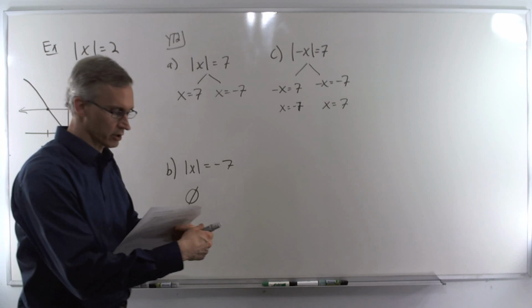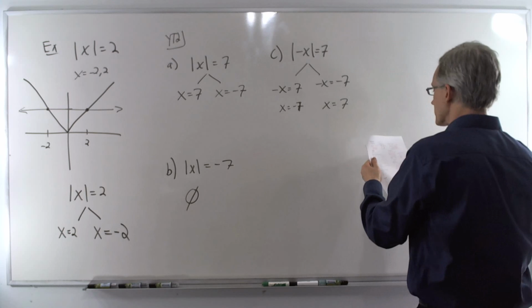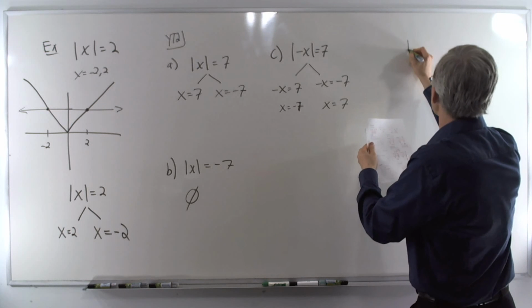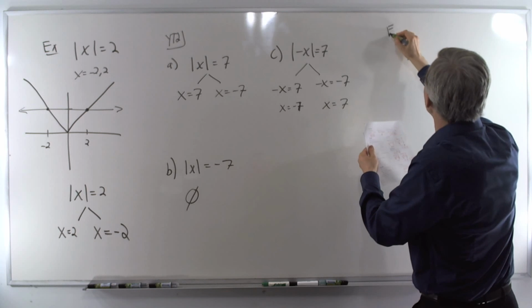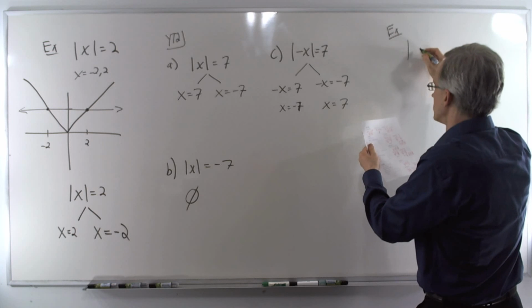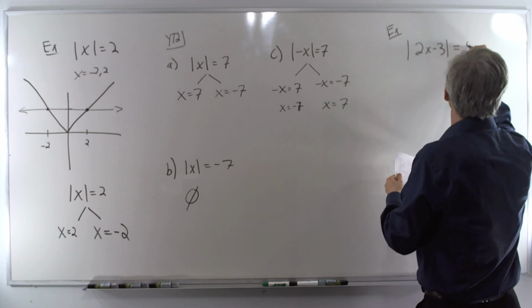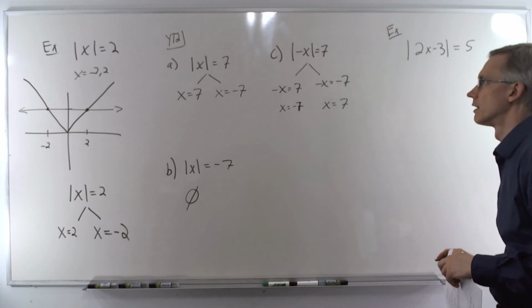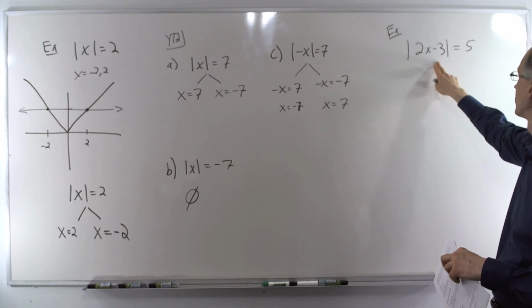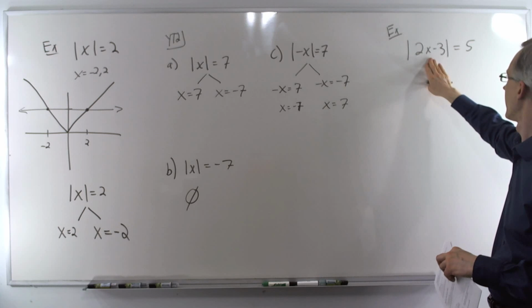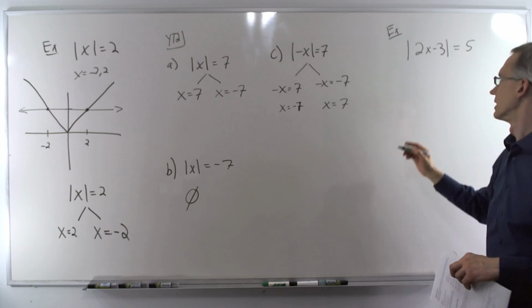All right, next up, we're going to look at one that requires a little bit of work after we split it up. So the next example is the absolute value of 2x minus 3 equals 5. So we have an absolute value that is isolated. It's all by itself on one side of the equation. So now we can split up.